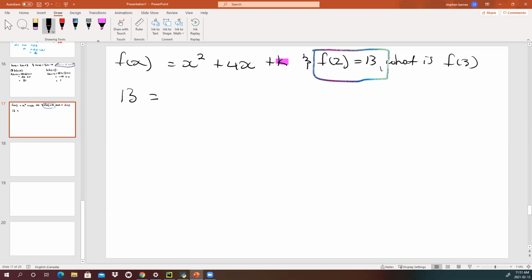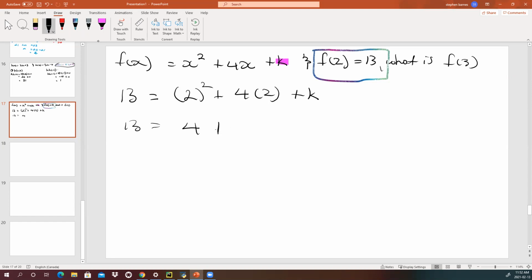So instead of x's, we're going to put 2's. So 2 squared plus 4 times 2 plus k, right? So this that I have right here will satisfy the information we get here when f of 2 equals 13. So we input 2, we should get an output of 13, and so be able to solve.